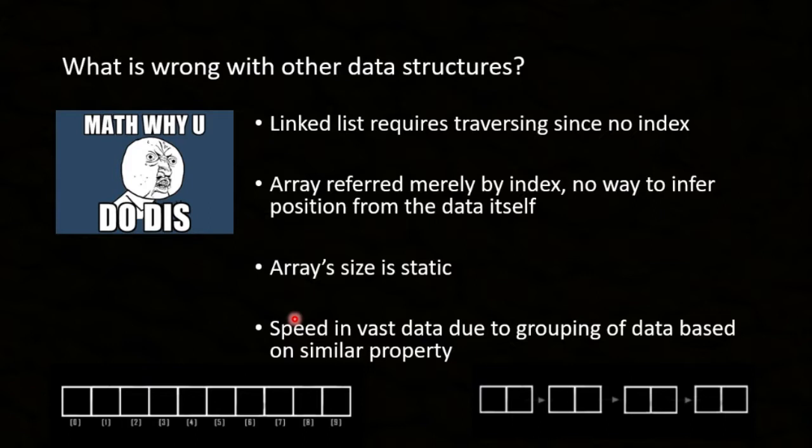Basically, similar data can be grouped in close-by positions in an array, quote unquote, so you don't need to traverse the data structure in order to access the data. You'll understand once I explain it with examples.